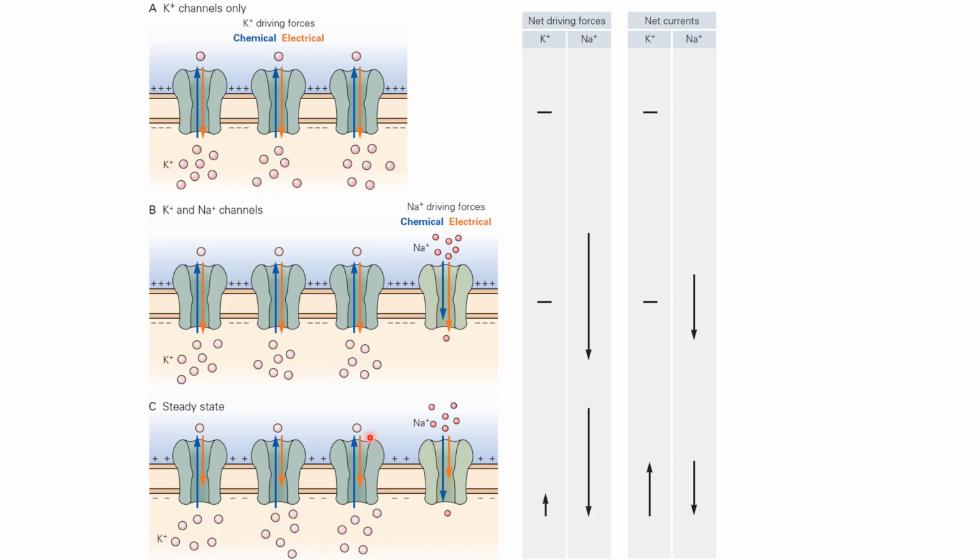The electrical gradient for potassium ions is also now reduced, while the chemical gradient for potassium remains unchanged, and therefore now there will be a net driving force on potassium ions towards outside, which will be the difference of these two driving forces. So there is some small driving force on potassium ions towards outside, but because the number of potassium channels is large, there will be a relatively large current through the potassium channels towards outside.